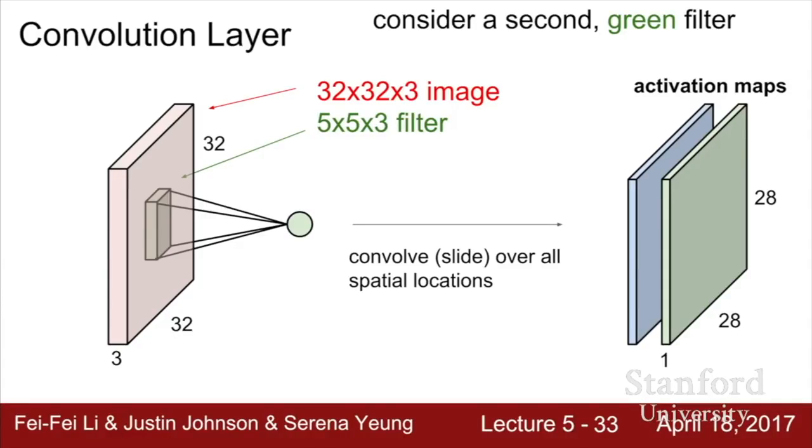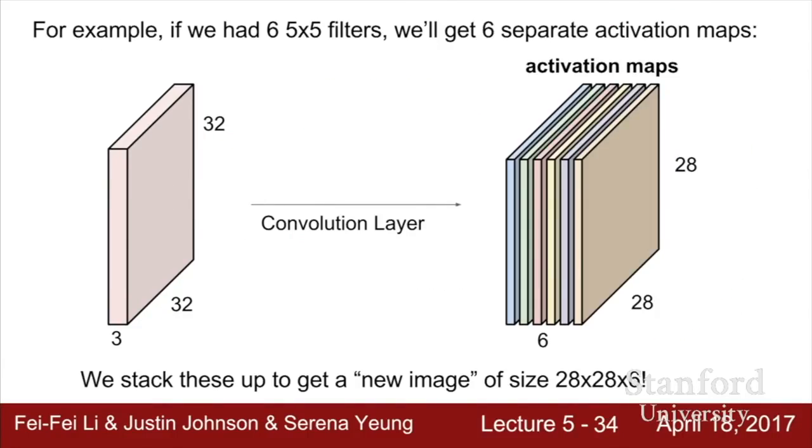I'm going to slide this over all of the spatial locations in my input volume, and then I'm going to get out this second green activation map, also of the same size. We can do this for as many filters as we want to have in this layer. For example, if we have 6 of these 5 by 5 filters, then we're going to get in total 6 activation maps out. So we're going to get this output volume that's basically 6 by 28 by 28.